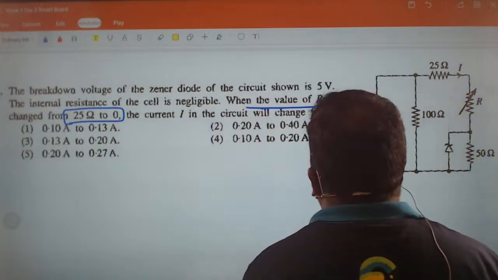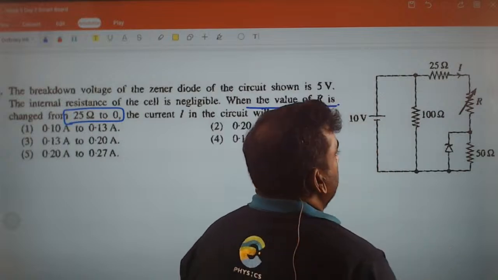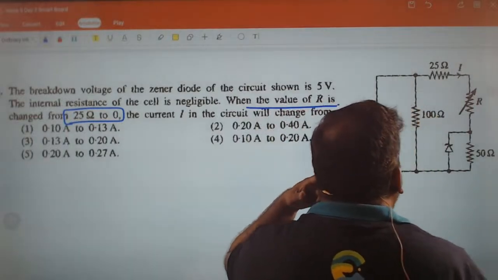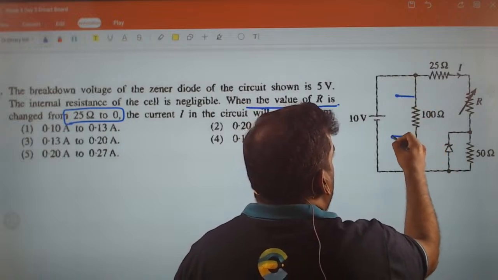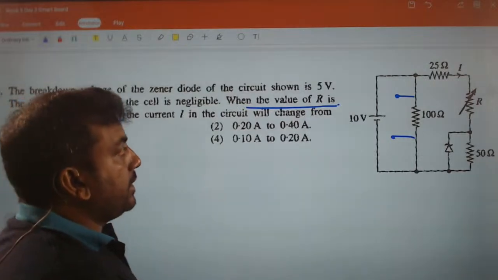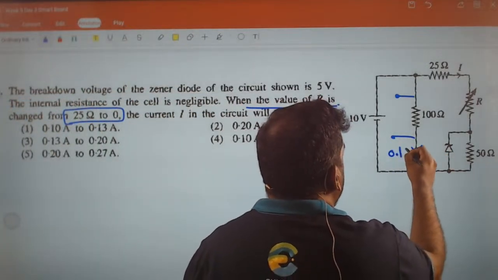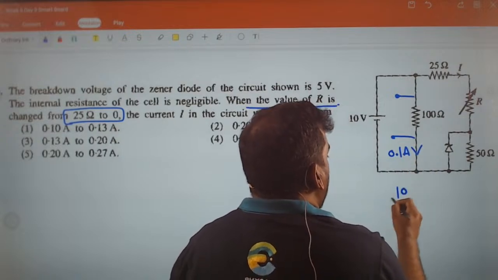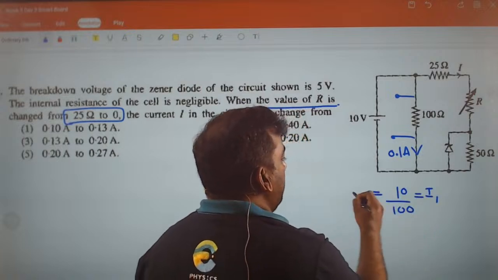Looking at this carefully, you will realize 10 volts here means 10 volts here. In one shot, find the current: 10 divided by 100 means 0.1 amperes.